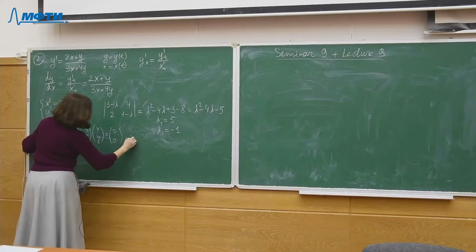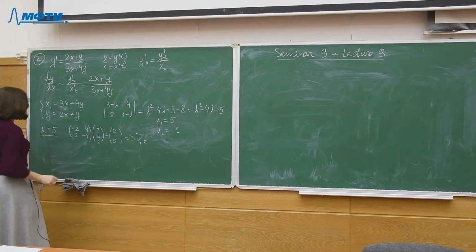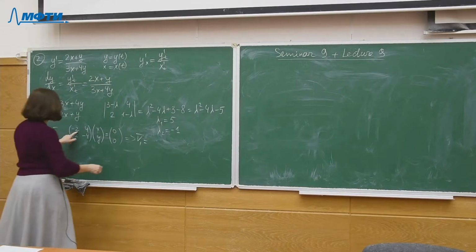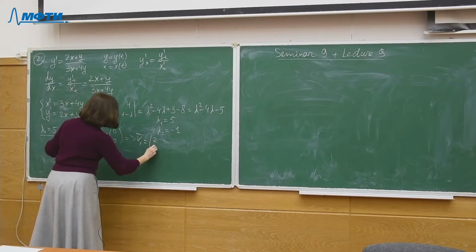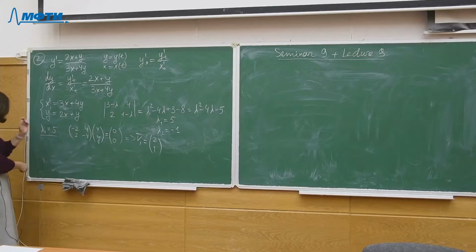So as the eigenvector, we can take the vector 2, 1. So it satisfies this equation, right? It is easy to guess the vector. This is the eigenvector.